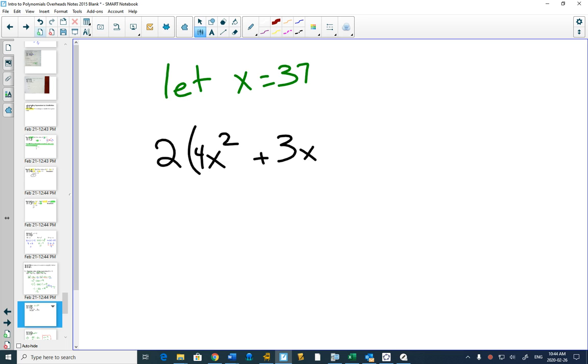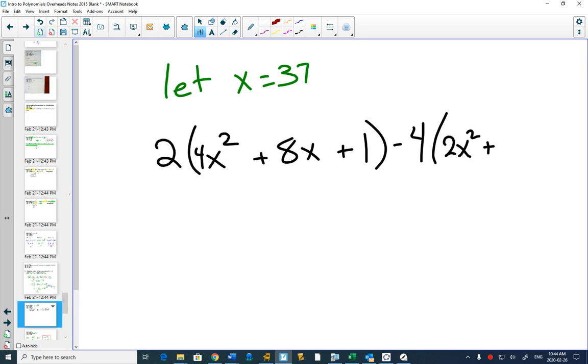Oh, my goodness. Plus 3x. No, I'm going to even make it bigger. Plus 8x plus 1 minus 4 times 2x squared plus 2x plus 7.